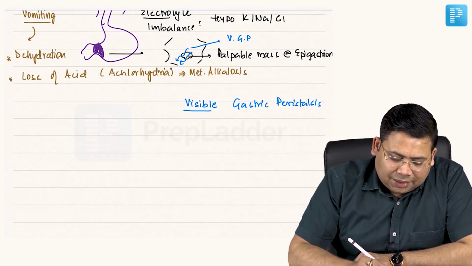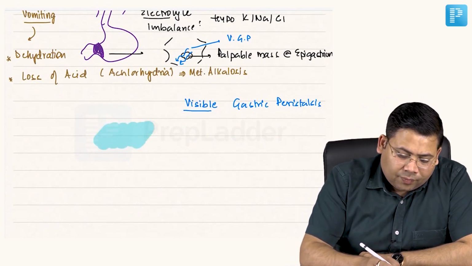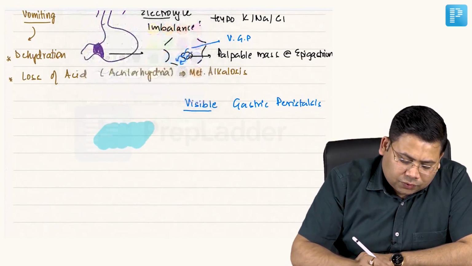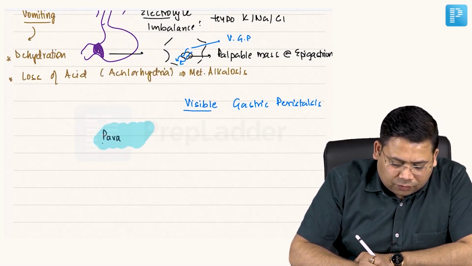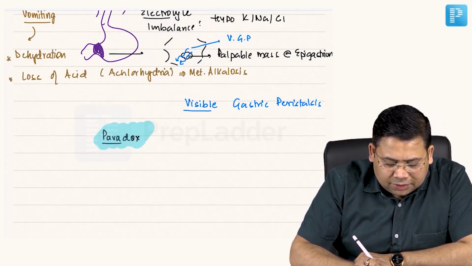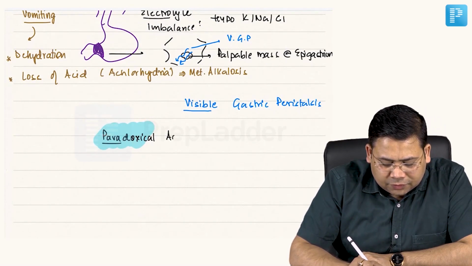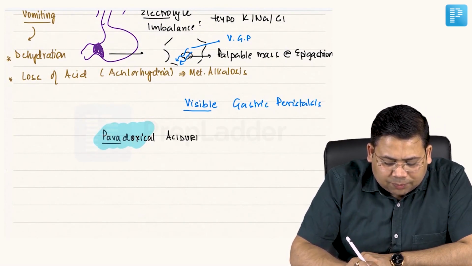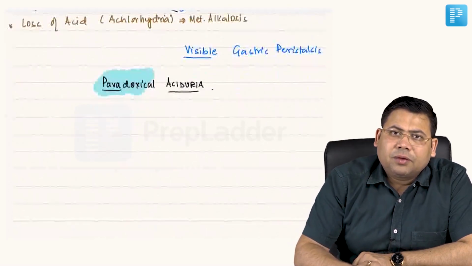Now try to understand one very interesting thing, that this is also associated with acidic urine, and this is what is known as paradoxical aciduria. Paradoxical aciduria. Now what is the concept of this paradoxical aciduria? This is again very important.